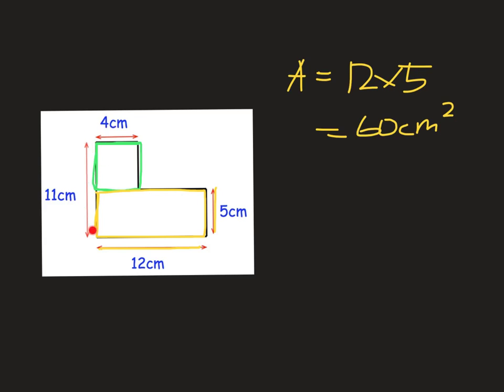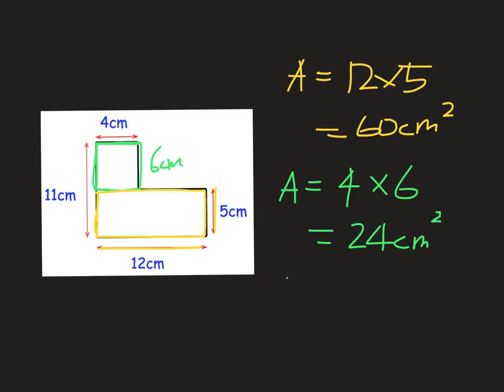So 11, take away that 5, is equal to 6 centimeters. So the area of this green rectangle does look a bit like a square because it's not to scale. 4 times 6 is 24 square centimeters.